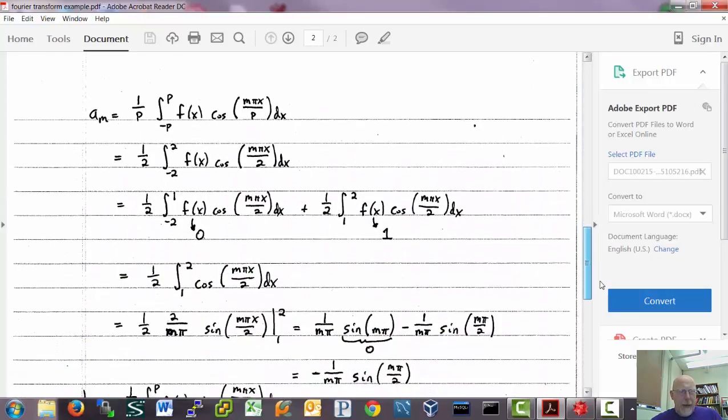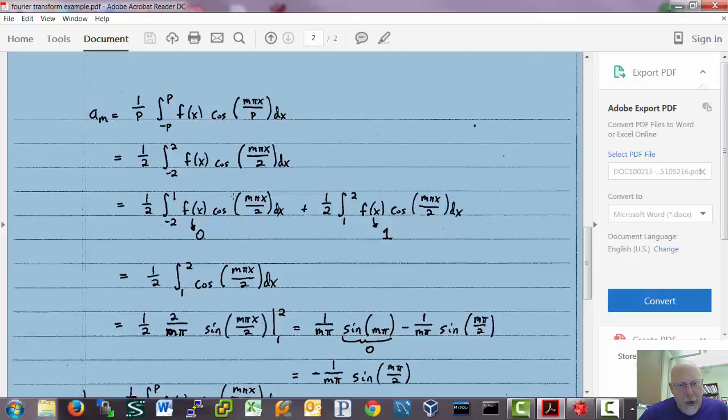Okay, now we're going to compute A sub m. So this is the amplitude on the cosine frequency, and we have a formula for that. It's 1 over p, integrating from -p to p, the function f times cosine of m pi x over p. Plugging in the fact that p is 2 into that integral, and then doing the same trick that we did before.